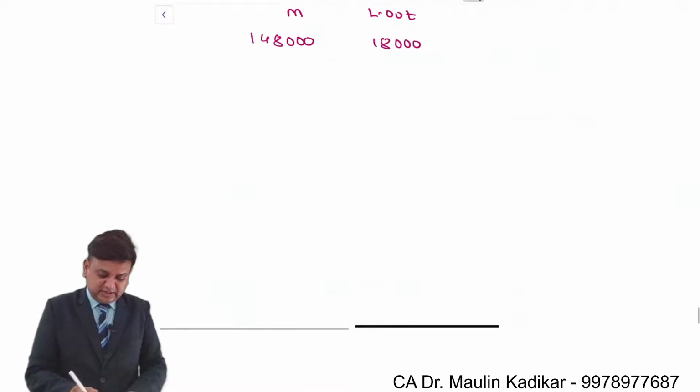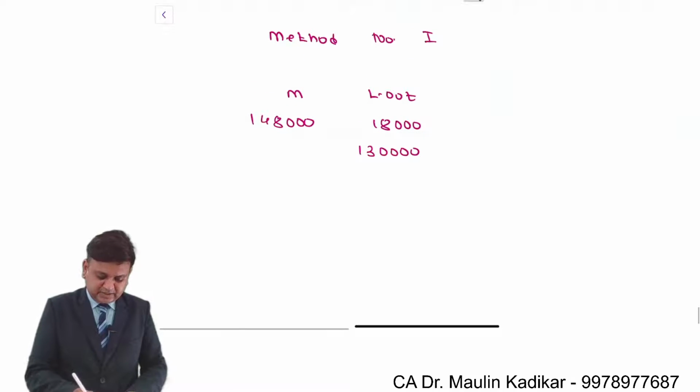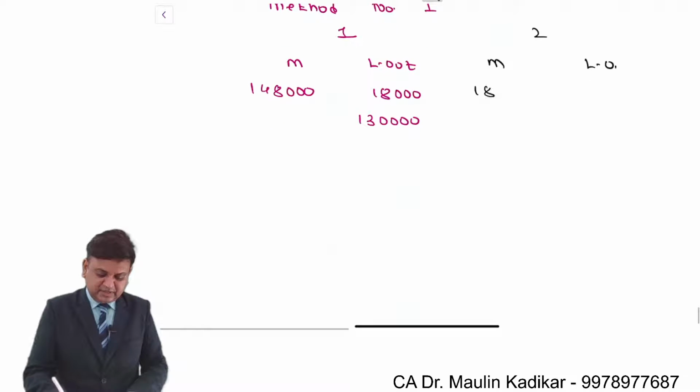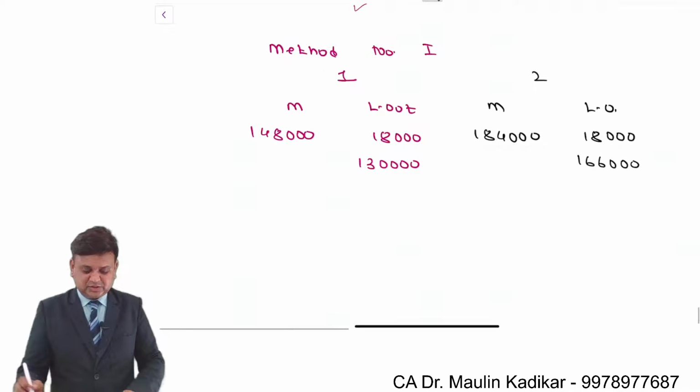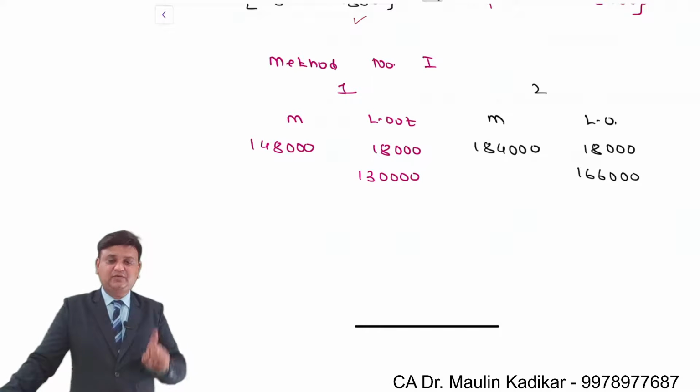So the differential or incremental is 1,30,000. This is for the first year. Similarly for the second year, manufacturing and let out: with the detailed table you get 184, again you get 18, and the differential is 166. So this is the way the differential cash flow is found for the first year and second year.